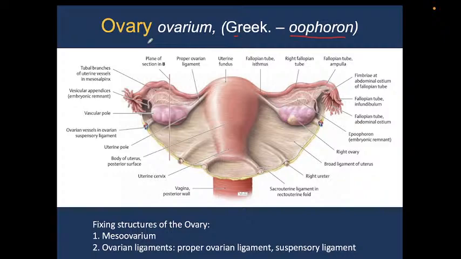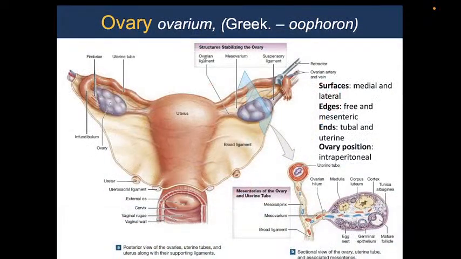This visible structure, we call this part of the ovarium the mesovarium. This connects to the mesosalpinx, fixing the uterine tube, and this is the internal structure and internal anatomy of this organ.